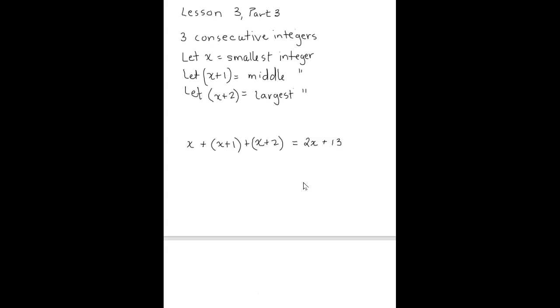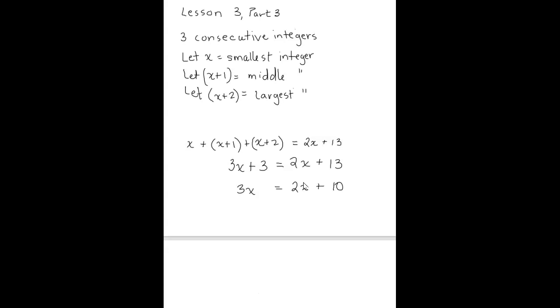So I'm going to have an x plus an x plus an x, so I'm going to have a 3x. And then 1 plus 2 is going to get me a 3. So 3x plus 3 is going to equal 2x plus 13. So I'm going to subtract this 3 to the other side.